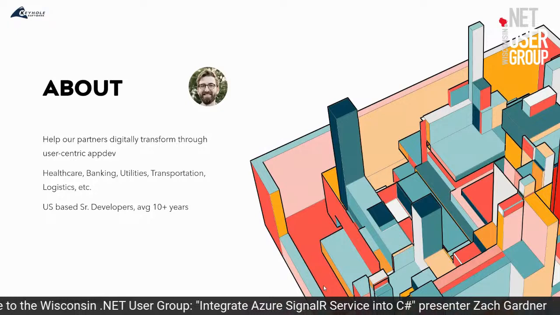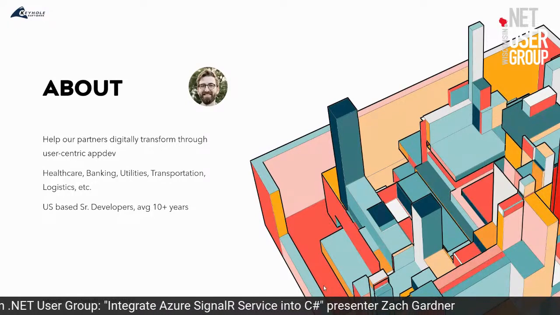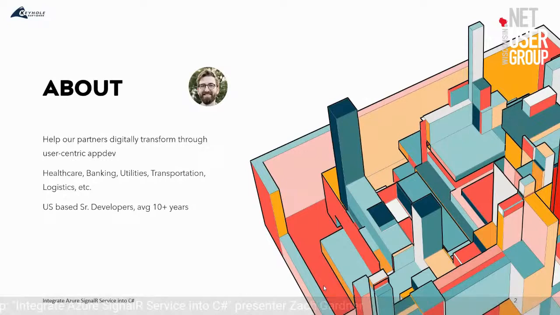I, along with about 100 other people at Keyhole Software, we're all based in the US. We average about 10 or 12 years of experience in the industry, and our average tenure is about 4.5 years, which is about 4 years more than most other firms.